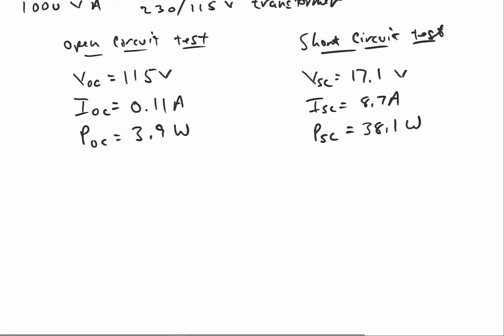And what we are asked for here, we want to find the equivalent circuit. We're going to refer that to the low voltage side. Then we're going to find the voltage regulation at 0.8 power factor lagging.